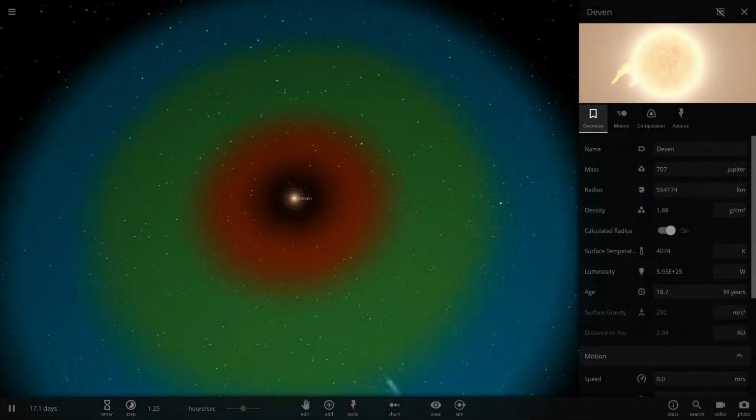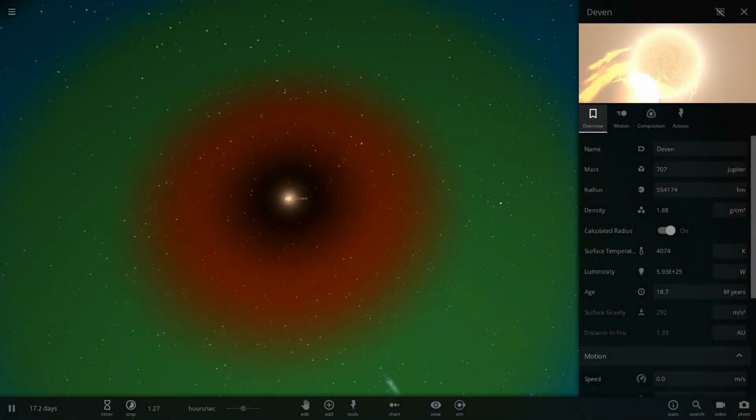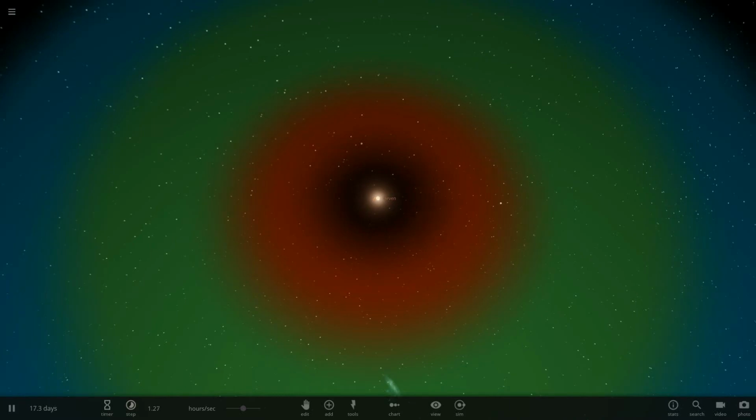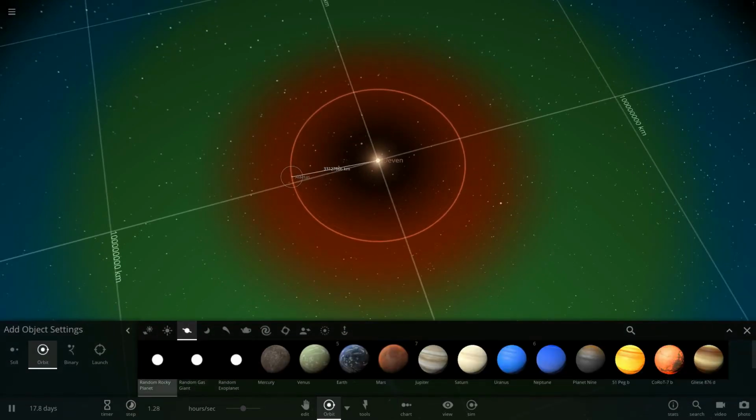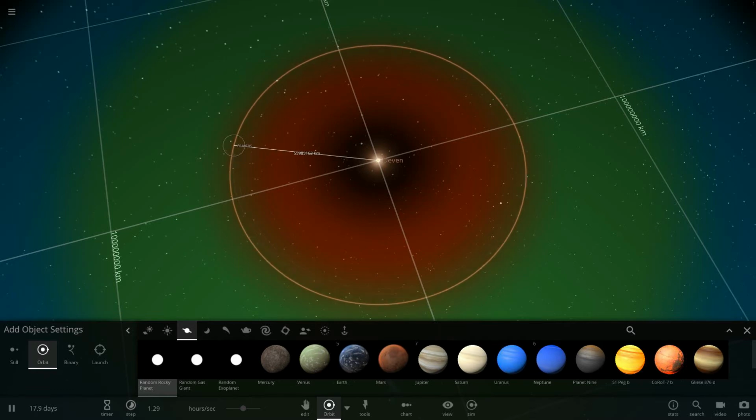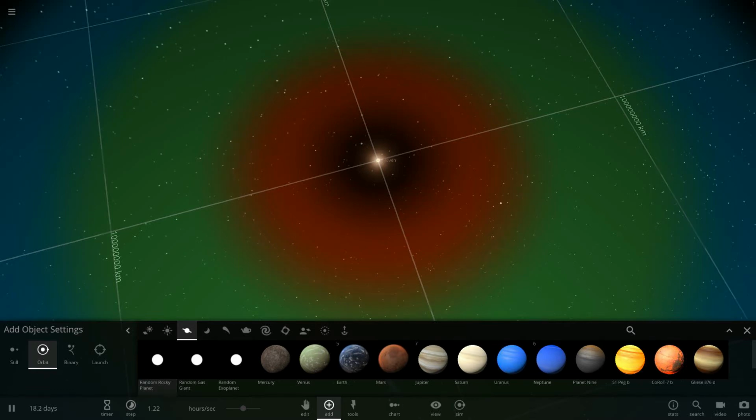But when they brighten up really brightly, that will normally just blowtorch any planet closer than about here. Planets orbiting here are probably going to have their water boiled away or something like that.